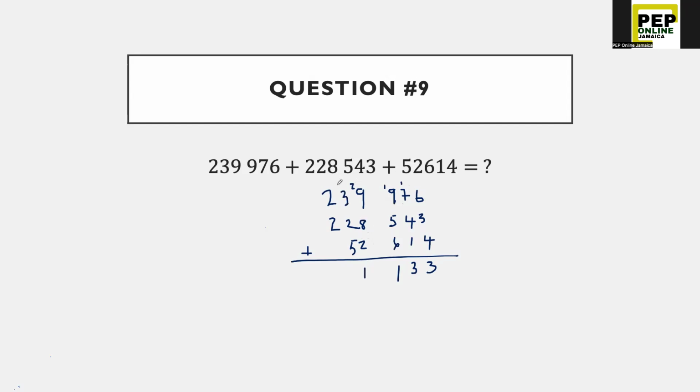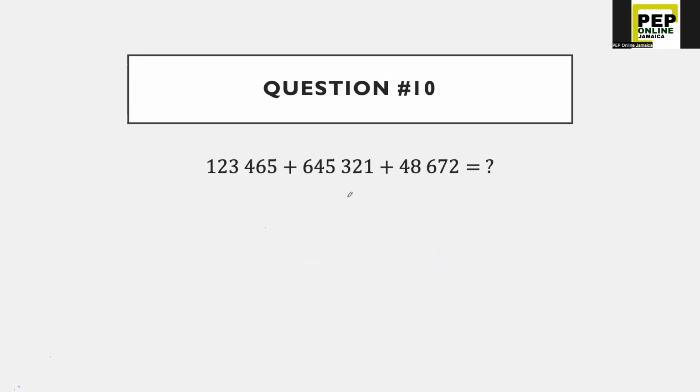Carry 2 again. 5 and 2 is 7, plus 3 is 10, and 2 will make 12. So it's 2, carry 1, and 2 plus 2 is 4, and 1, 5. That wasn't bad at all. So we end up with 521,133. Awesome.